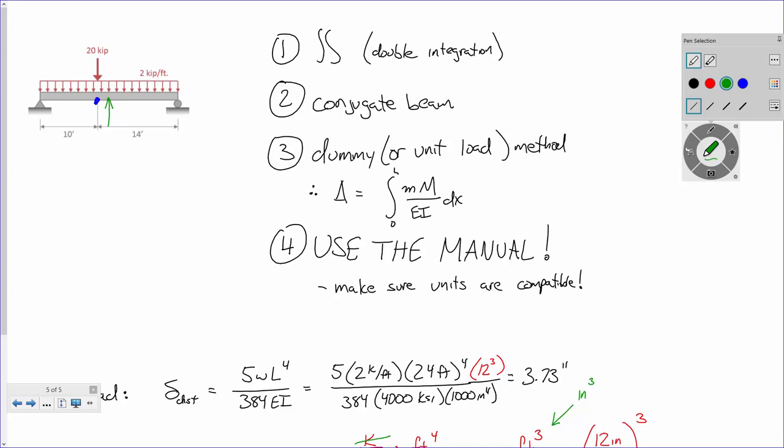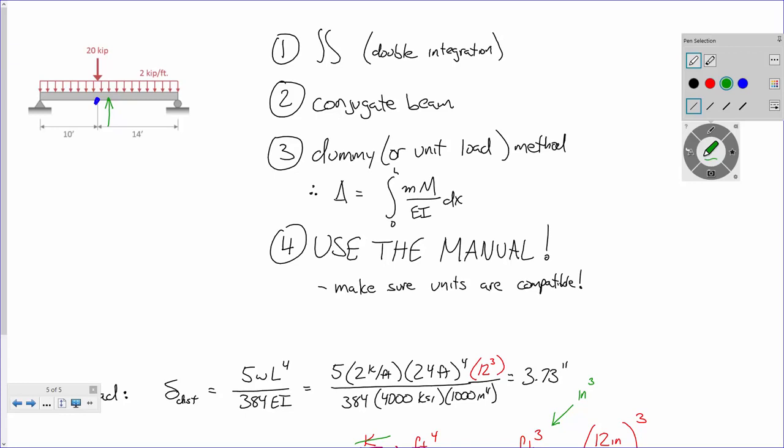That elastic curve equation is only valid between 0 and A for x. So ultimately, for this problem, you almost have to take the beam and mirror it and use x equals 12, A equals 14, and B equals 10. Make sense?